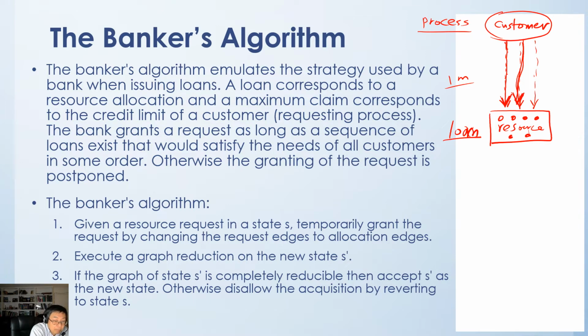And then the banker, on the other hand, is going to check whether in this month I have enough balance to grant this request. If the resource is not enough, we don't have $2 million in balance, then the granting of the request should be postponed, maybe to next month, so we're going to be able to provide a loan for you. Okay, so that's basically the background for the bank's algorithm.